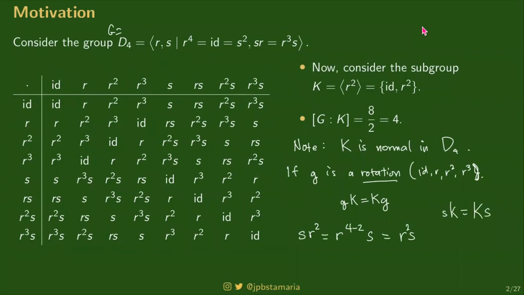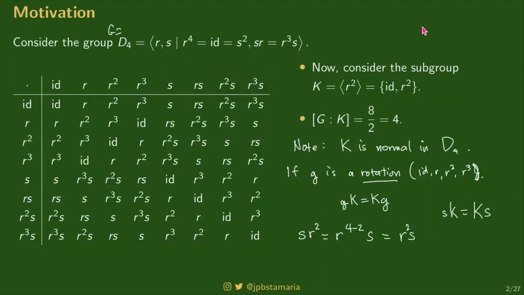You just need to check for R squared kasi yung identity nakikipag-commute naman with everyone. Diba? Eh, in short, si S nagko-commute with R squared. In short, everyone will commute with R squared, kasi yung other elements will just have S as a factor.